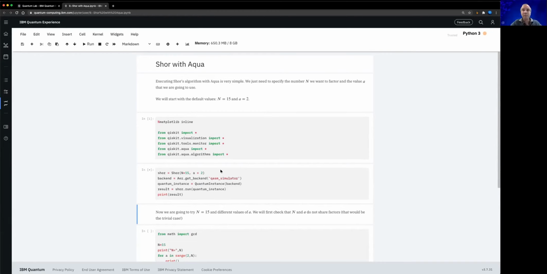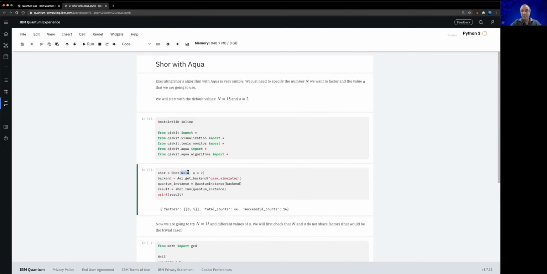So here, to execute Shor's algorithm, I only need to provide the value that I want to factor, and then the value A that I want to use in order to obtain the period of A, and then estimate the factor. So here, for instance, I'm using 15, and the probe is 2.